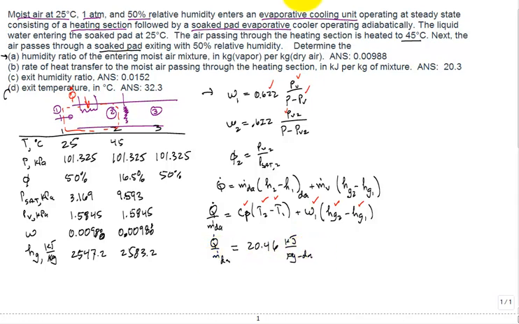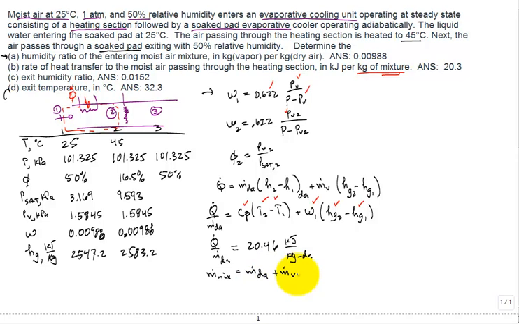But we look at our problem statement, and for part B they wanted the rate of energy passing through the heating section per kilogram of the mixture. So we have to say the mass flow rate of the mixture is the sum of the mass flow rate of the dry air plus the mass flow rate of the vapor in the mixture.